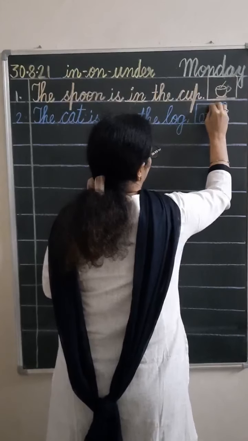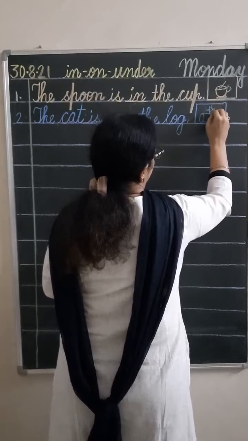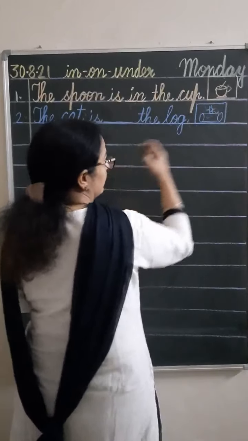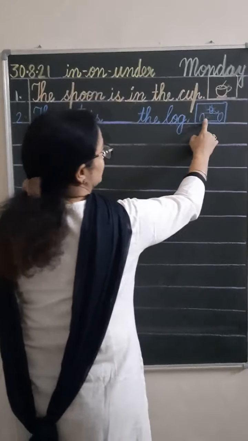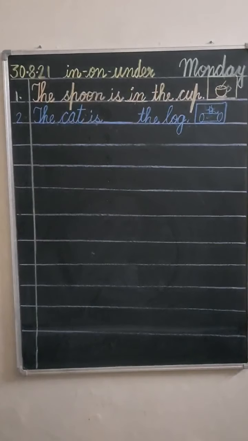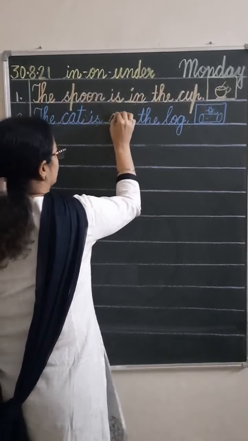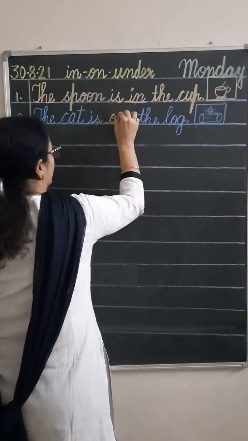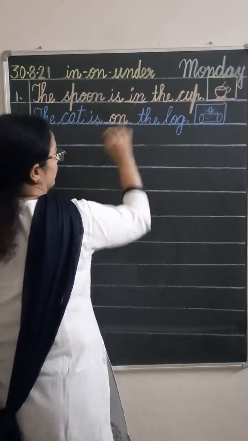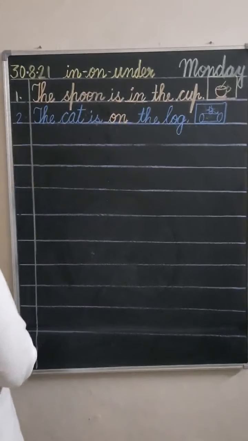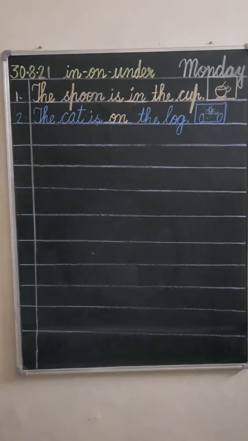Okay, we will draw a cat. Now tell me, where is the cat? The cat is on the log. Where she is sitting? The cat is sitting on the log ना? Log के ऊपर है. So here we will fill on. Okay, the cat is on the log.